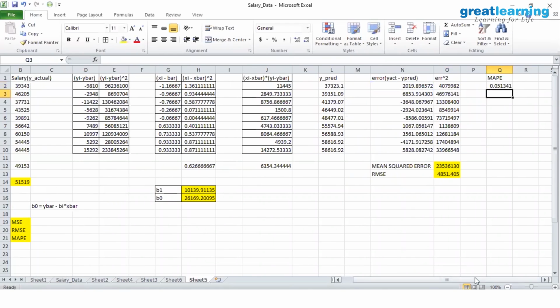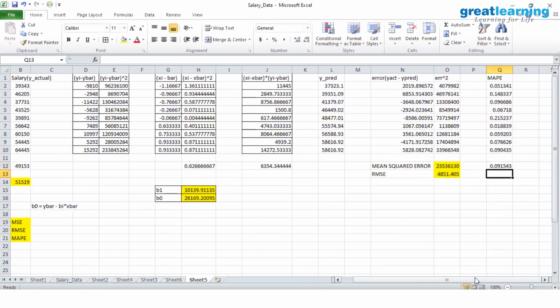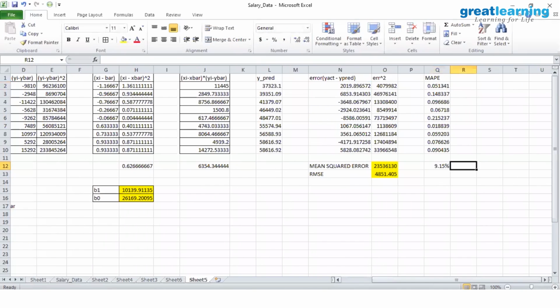All right. So I'm taking the values for all. Now I'm taking the average of all these values and I convert this to a percentage scale. Then I call this value the mean absolute percentage error.